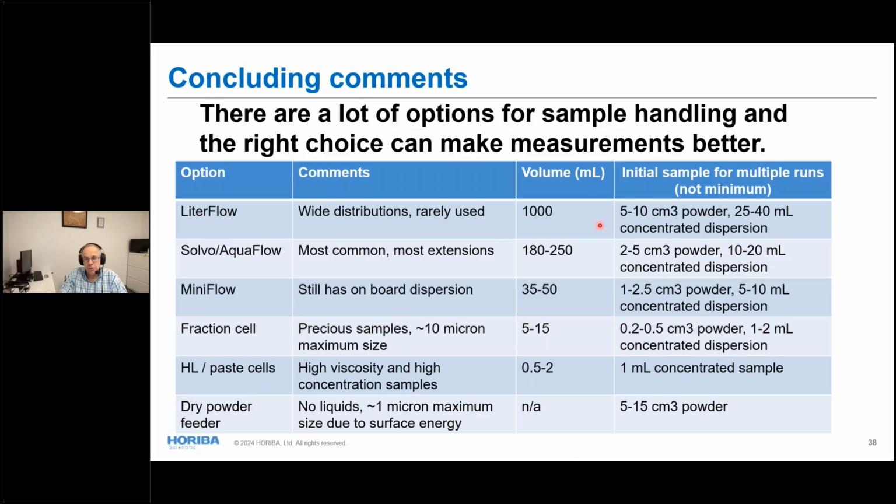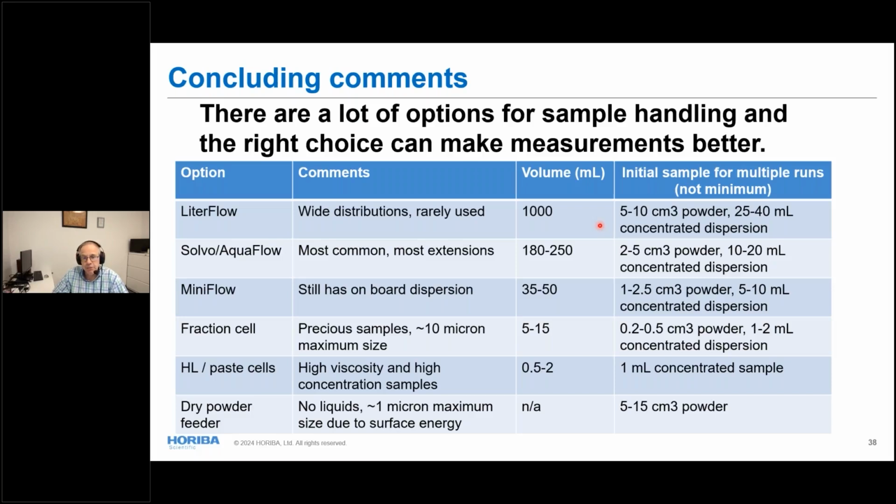And you really need 5 to 10 cubic centimeters of powder or 25 to 40 ml of concentrated dispersion for method development. A single sample, you could probably get by with 1 ml for many samples.